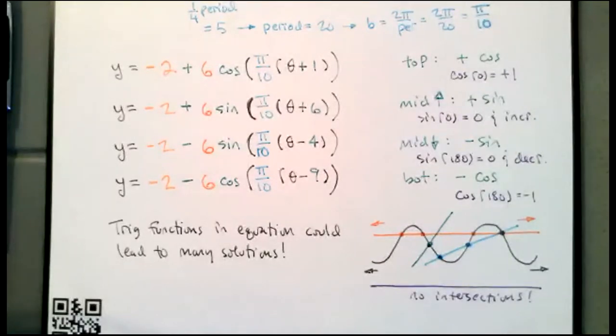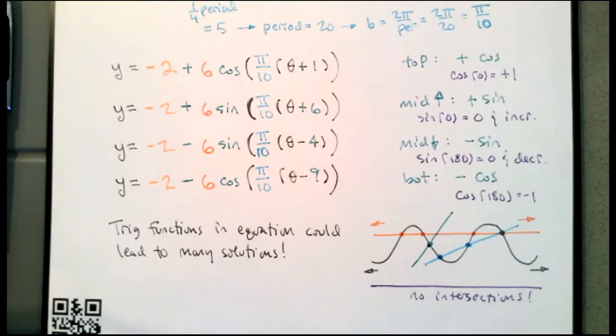Fortunately for our heroes, we only need to concern ourselves with what's going on in one cycle, because graphs of sine and cosine functions are periodic. So whatever happens between 0 and 2 pi just happens again between 2 pi and 4 pi. If I take all my solutions and add one period, or a multiple of the period, then we'll have all the solutions that we need.